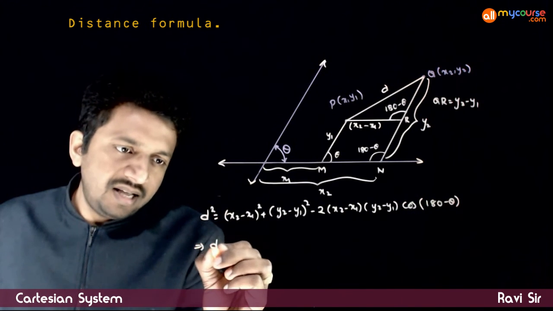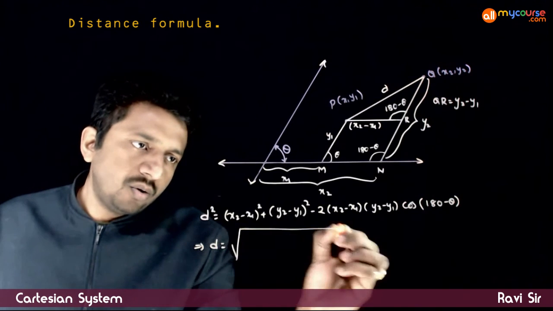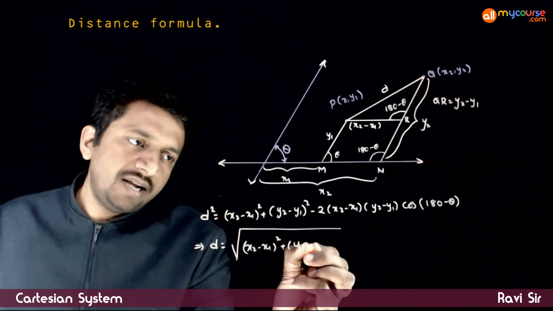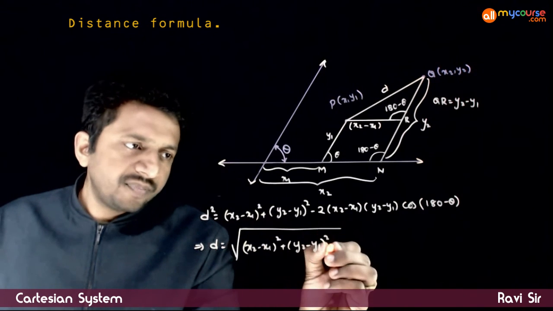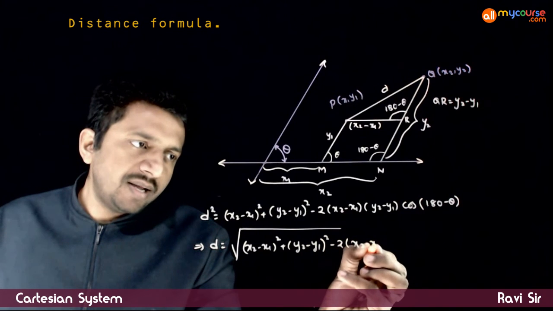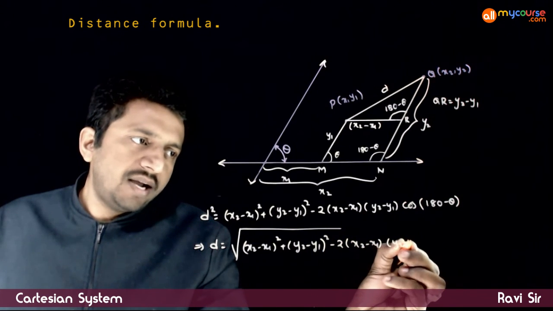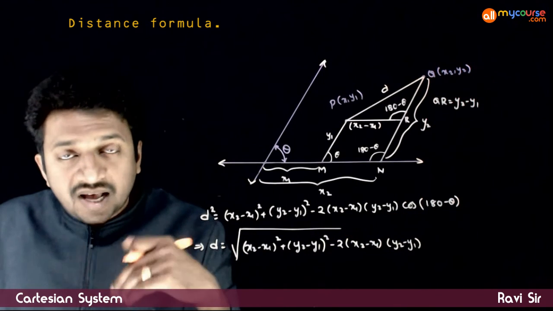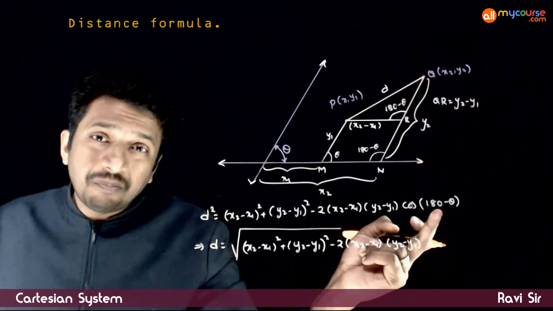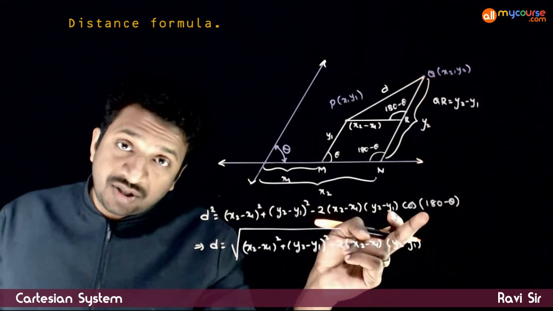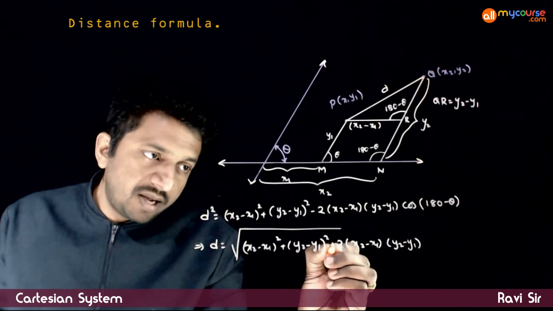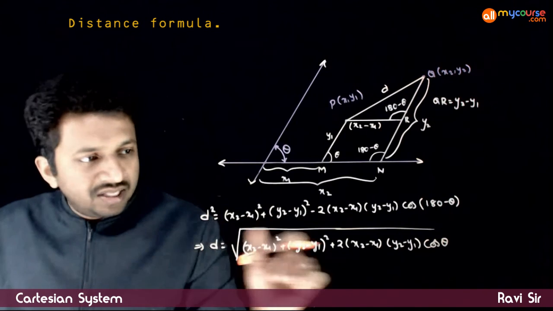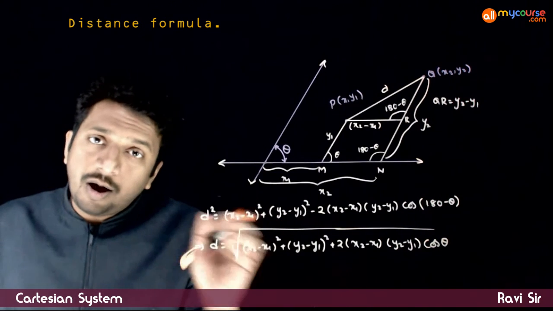So this implies d is equal to root of (x2 minus x1) whole square plus (y2 minus y1) whole square minus 2 times (x2 minus x1) times (y2 minus y1) times cos (180 minus theta), which, as you have learned in trigonometry, is minus cos theta. So you get an extra minus from this. So this minus will become plus cos theta. So this will be the distance formula for oblique axes.